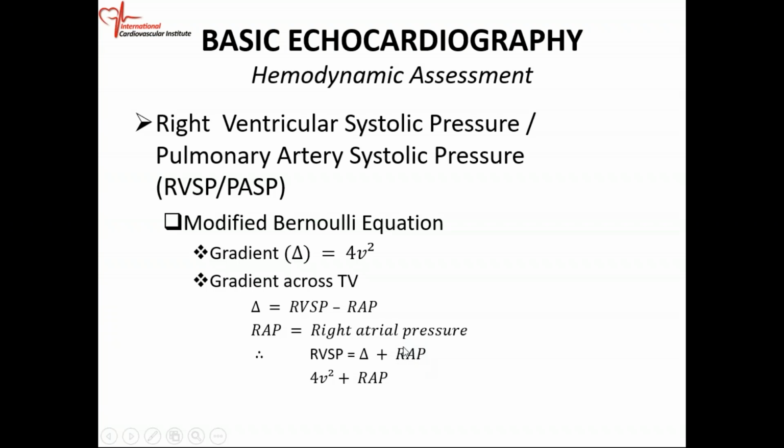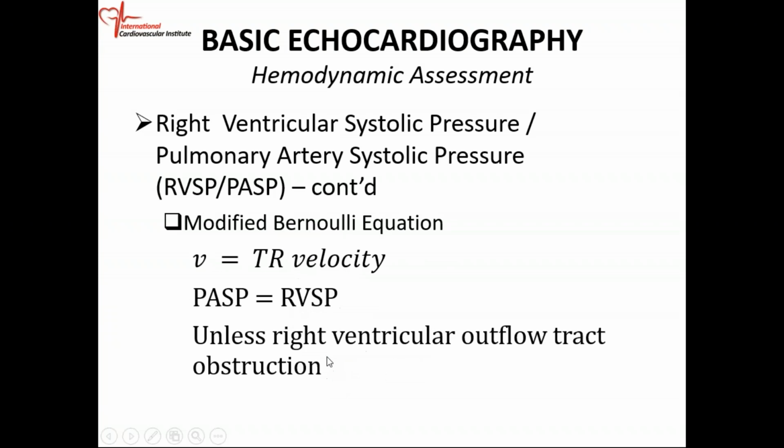You can get the gradient by squaring the TR velocity and multiplying it by 4, as we showed you with the modified Bernoulli equation. So you can get the RV systolic pressure. And again, the RV systolic pressure is the same thing as the pulmonary arterial systolic pressure, unless you have some obstruction at the right ventricular flow tract.